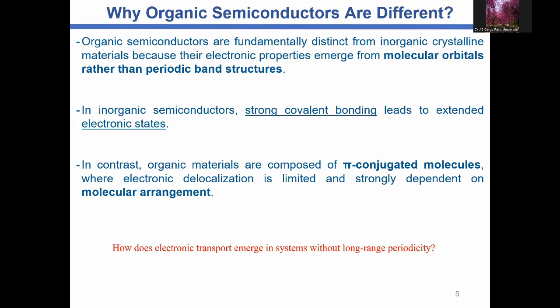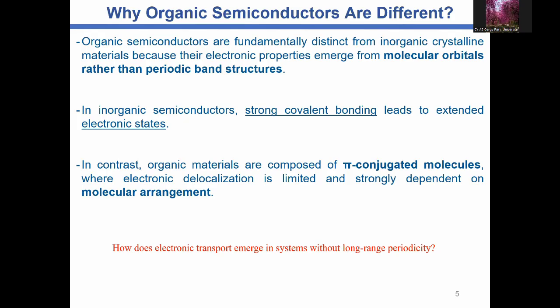But we saw that in inorganic semiconductors, we have this strong covalent bonding that can extend the electronic states. So if you have periodicity, a more continuous, stable structure, you have a better electronic structure. But in organics, we have these electronic properties related to the pi conjugated molecules.